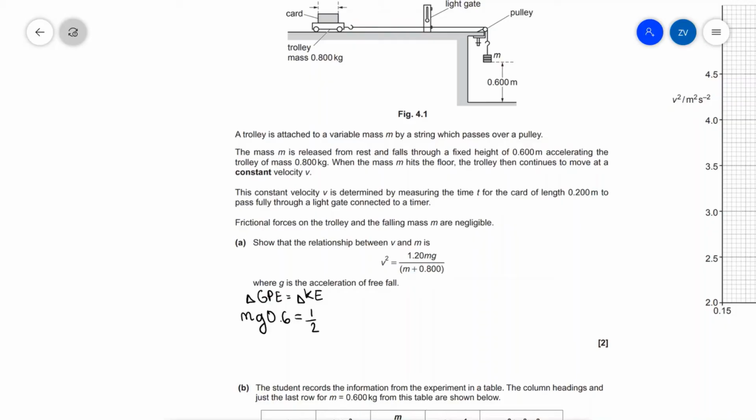Now, both of these objects will acquire some kinetic energy. So this will be the velocity of the combined system of the trolley and this mass. So the total mass is going to be m plus the mass of the trolley, which is 0.800, like so. So it's going to be half times v squared, like so.